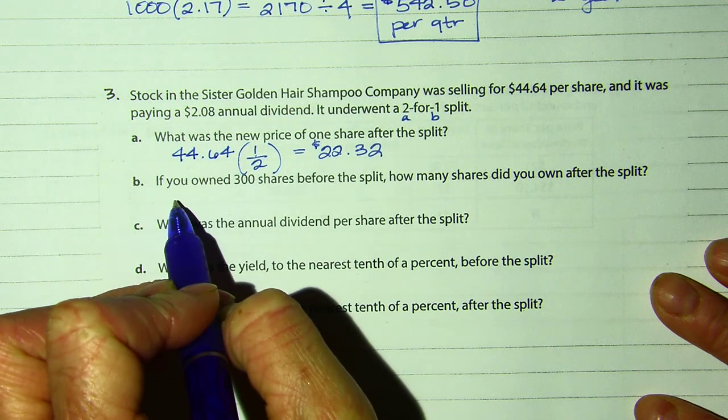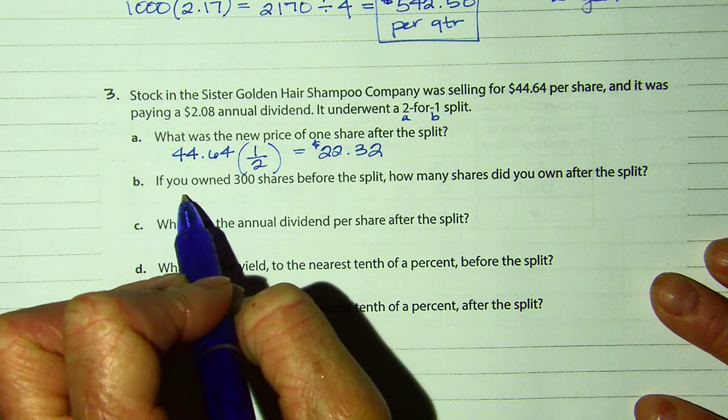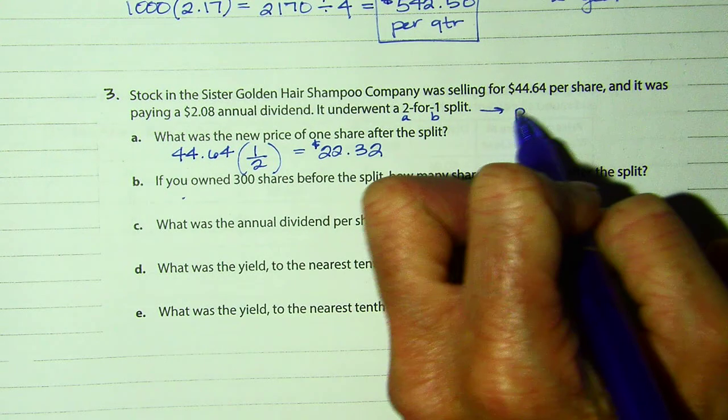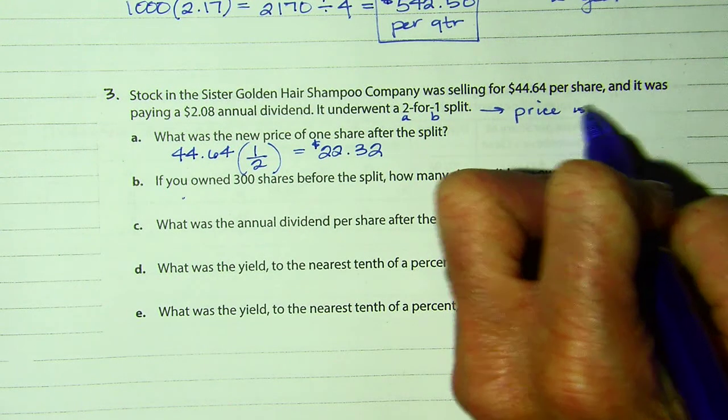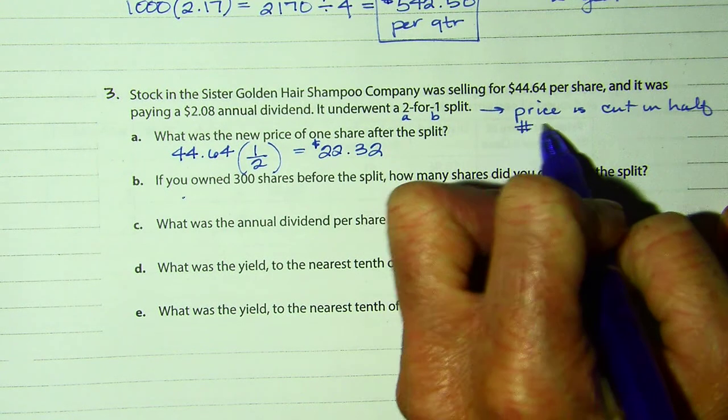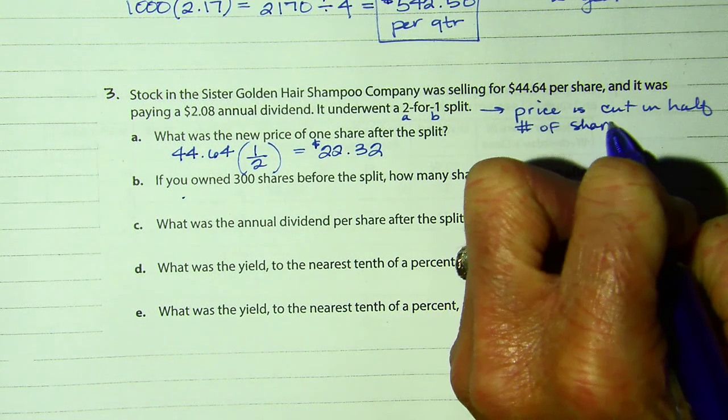If you owned 300 shares, how many shares do you own after the split? Remember, a 2-for-1 split means the price is cut in half, but the number of shares doubles.